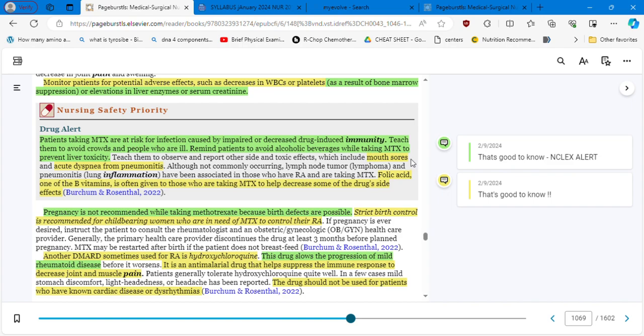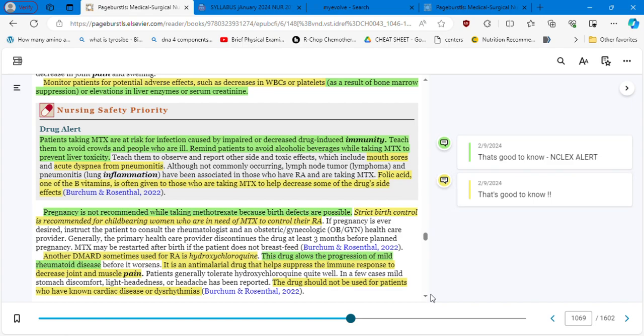Probably we are going to see side effects like mouth sores, acute dyspnea from pneumonitis, okay? So we can support against these effects and the side effect in the bone marrow by supplementing with folic acid and other B vitamins to help decrease some of the drug side effects, but most important, the folic acid and the B12 or the B vitamins are to reinforce the production of good blood cells, okay?